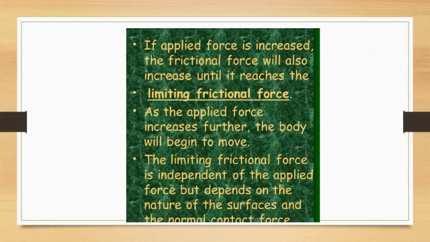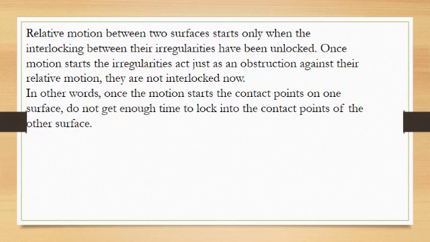Students, now you know that whenever we have to move an object, static friction comes into play. Once the motion gets started, the friction becomes slightly less than the maximum or limiting value of the force of static friction. So, relative motion between the two surfaces starts only when the interlocking between their irregularities has been unlocked. You know that friction is because of irregularities that get locked on their surfaces.